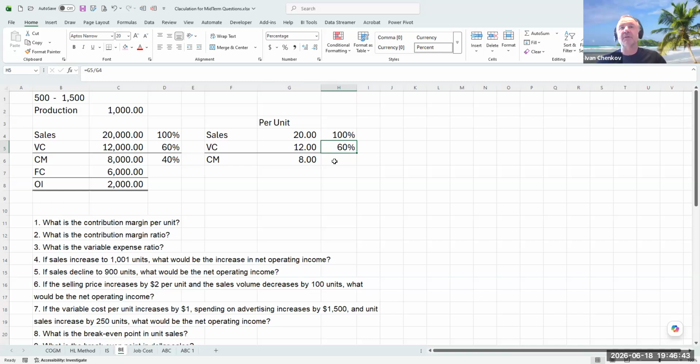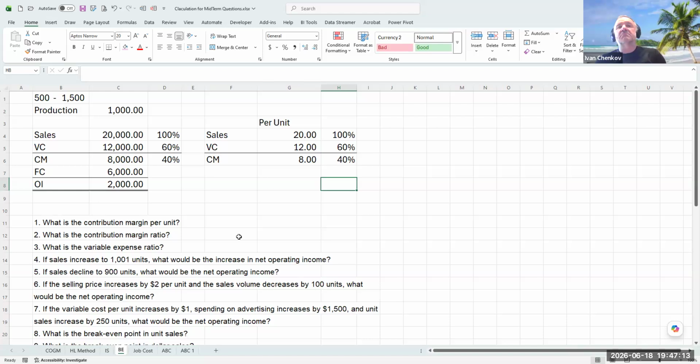As long as sales and variable cost both increase in the same proportion, the percentage is never going to change. Why? Because the only thing that drives them is the number of units. And I get my 40% here.